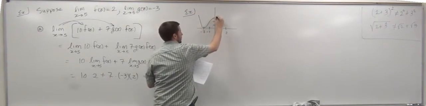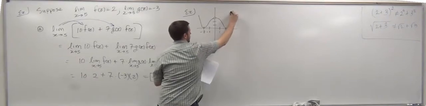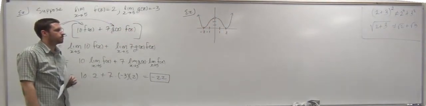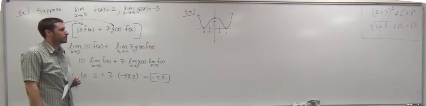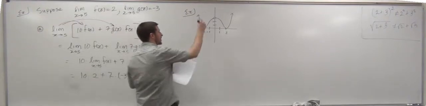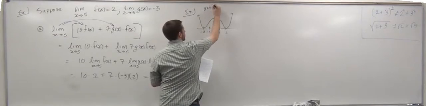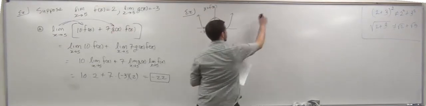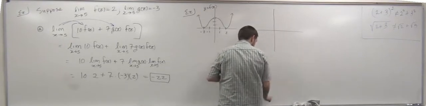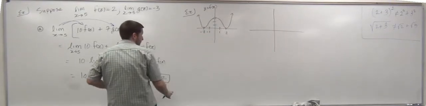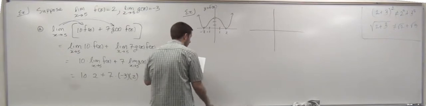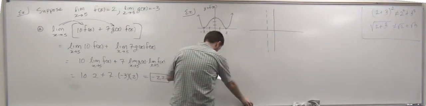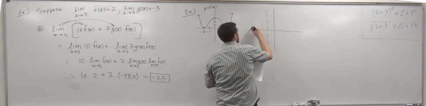I'll come back there. We'll call this one F. And here's another function. He's going to have a vertical asymptote at 0. Oh, no, not at 0, at -1. Maybe he looks like this.